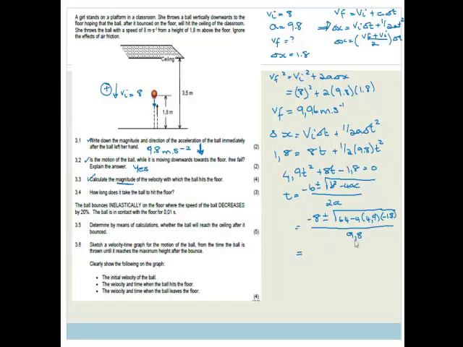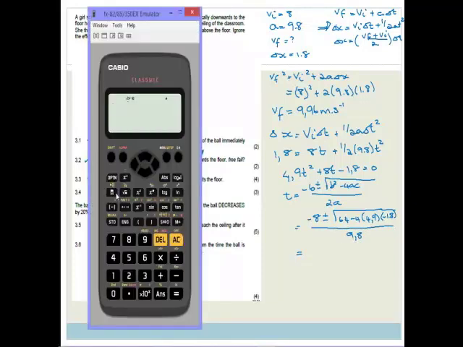So then we put this in our calculator: minus 8 plus the square root of 64 minus bracket 4 times 4.9 times negative 1.8, close bracket, all over 9.8 equals 0.2.